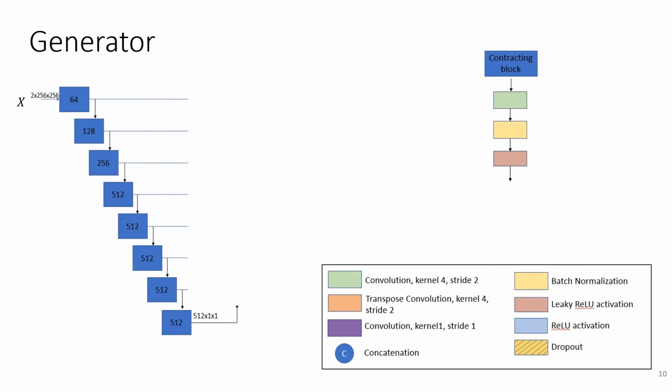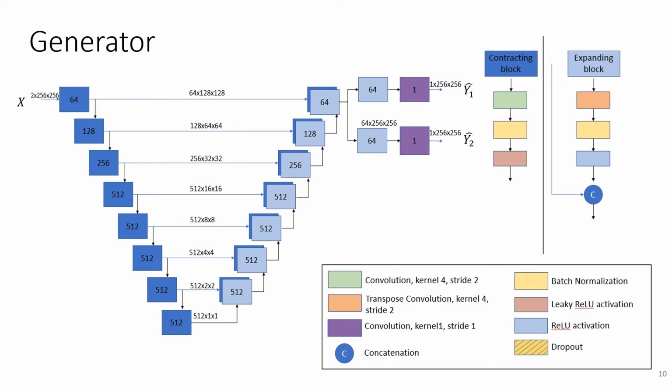In this case, we have inputted MR slices, that is T1 and T2 images, concatenated along the channel axis, and these go through 8 contracting blocks to compress the input. Each block downsamples the spatial size by a factor of 2, so the output at the end of the encoder is of the size 512 x 1 x 1. Each contracting block consists of a convolution layer, a batch normalization layer, and a leaky ReLU activation function layer.